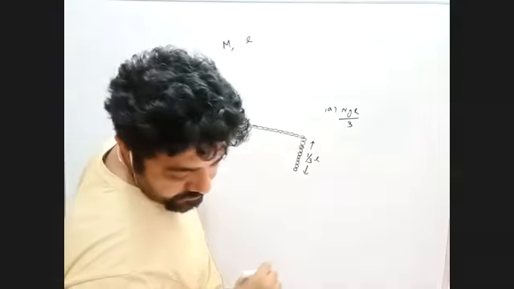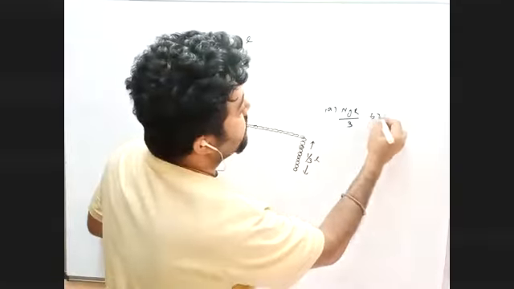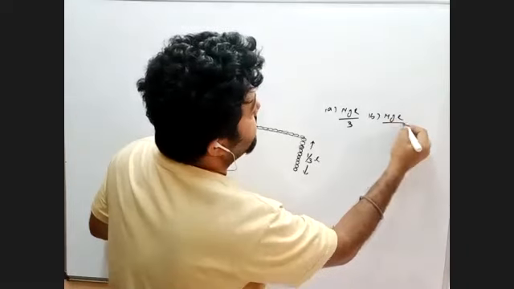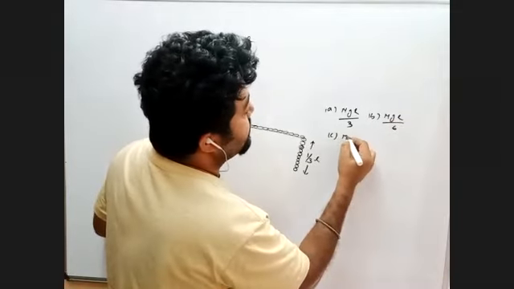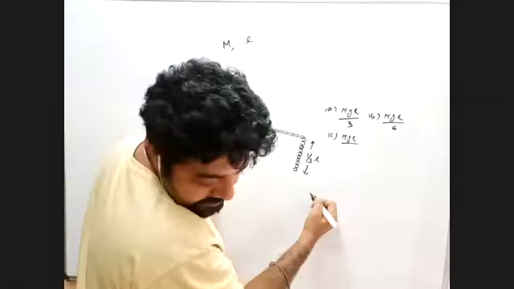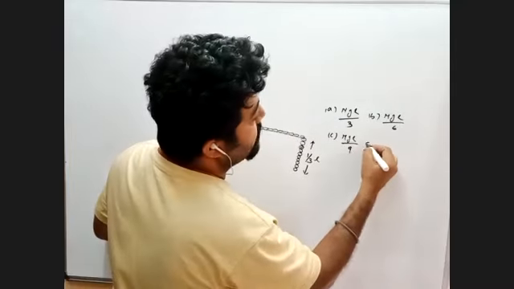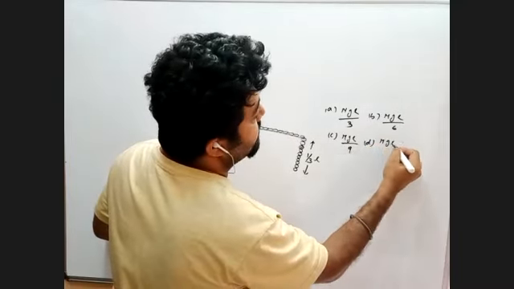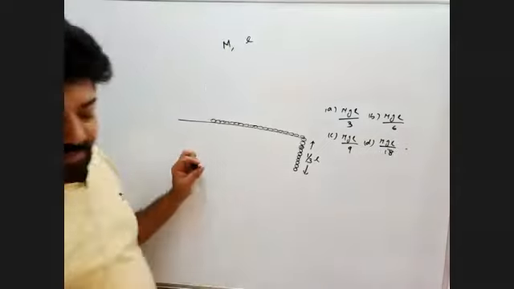Option A: mgl/3, option B: mgl/6, option C: mgl/9, option D: mgl/18. So what is the right answer? Tell me.